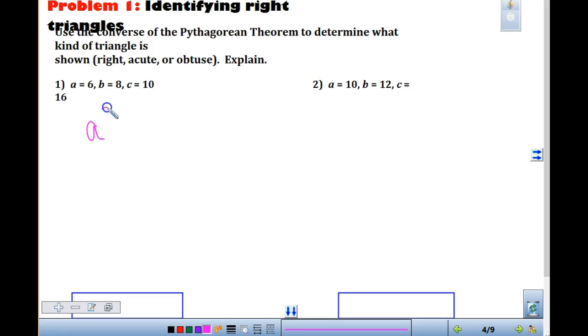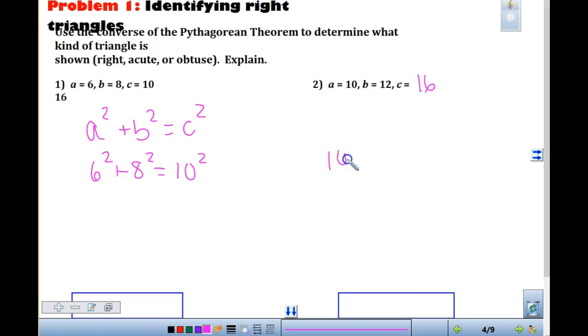Again, some of you will think that it is crazy to write the Pythagorean theorem down, and if you skip this step, that's fine. You would then go to the next step on your paper, but I do need to see 6 squared plus 8 squared is equal to 10 squared. If I was going to do it for number 2, I would be looking at writing down what, Vanessa?